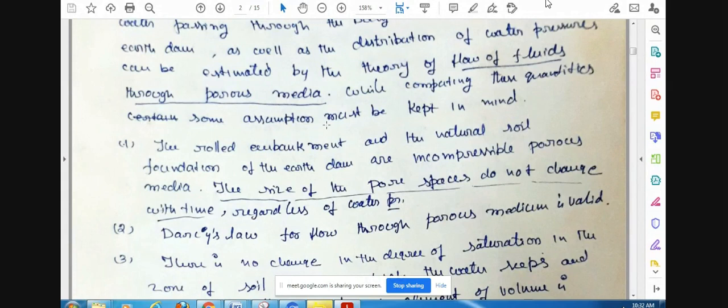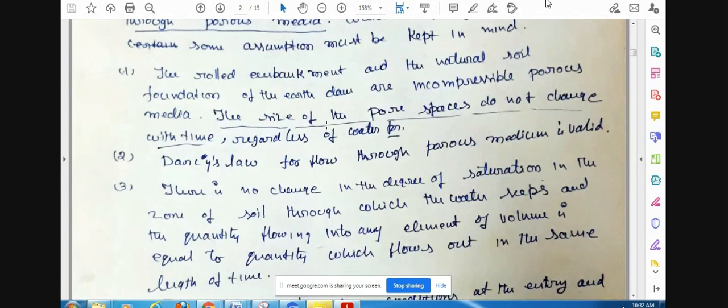It doesn't, but actually it changes, because there may be a lot of pressure on top, there may be settlement, and because of that the pore size may change. But we assume that it remains unchanged. There is no change in the pore space. So that is the first assumption.